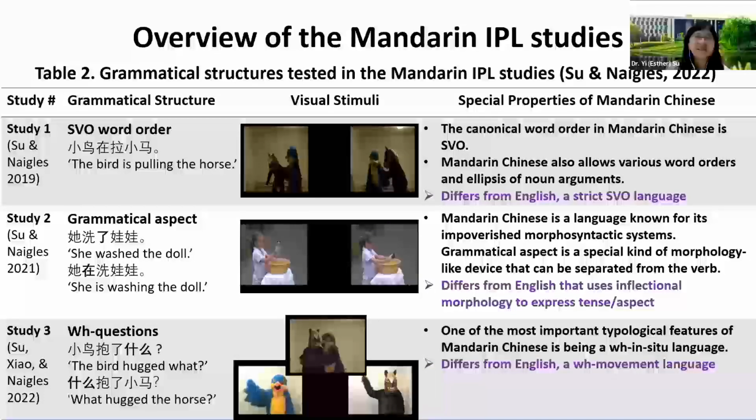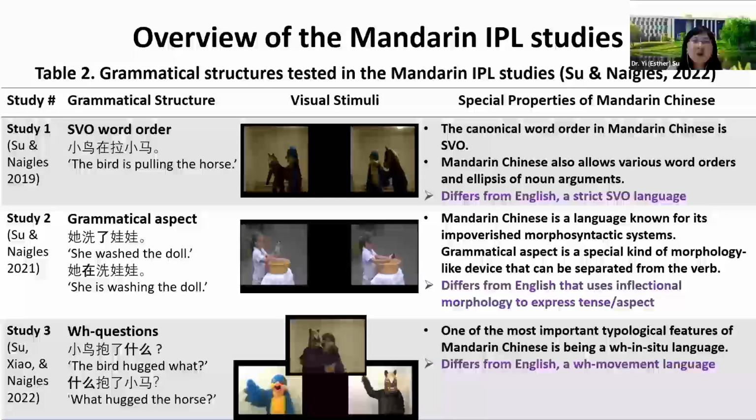But that is not the situation in Mandarin Chinese. In study 3, we tested children's knowledge of WH questions, like the object WH question 小鸟抱了什么, or 什么抱了小鸟, the subject WH question. One of the most important typological features of Mandarin Chinese is being a WH in situ language, which differs from English, a WH movement language.